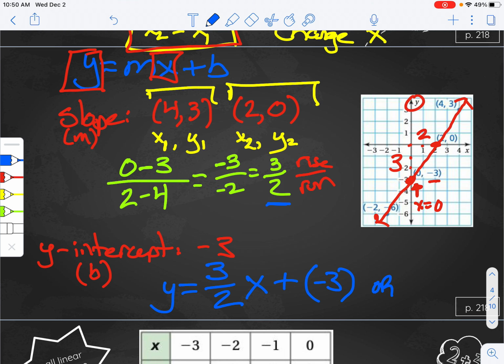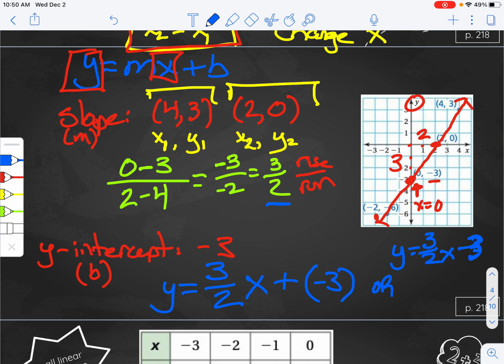If you wanted to write it in a different way, you could just say y equals 3 over 2x, and you could just drop the plus sign, x minus 3, and that would mean the exact same thing. But either way works for me.